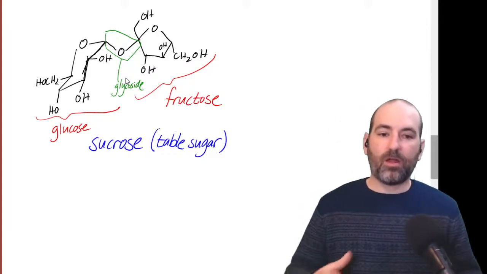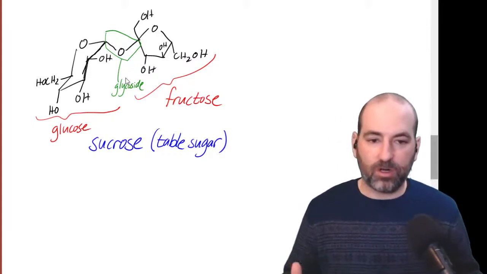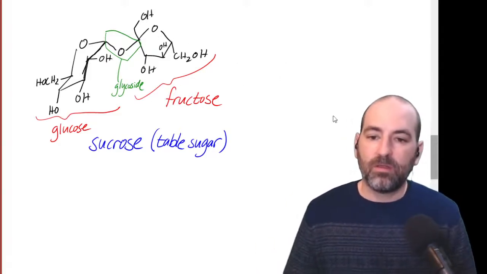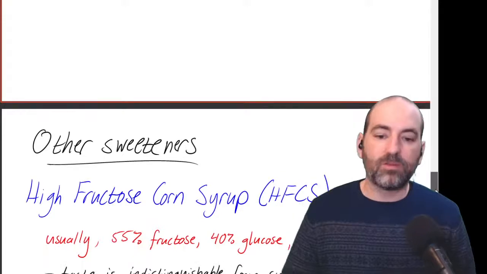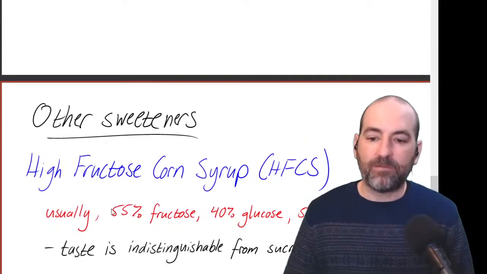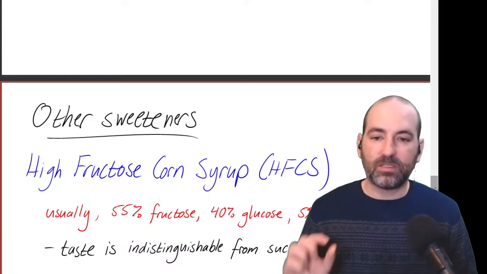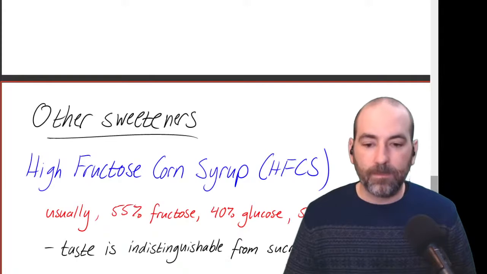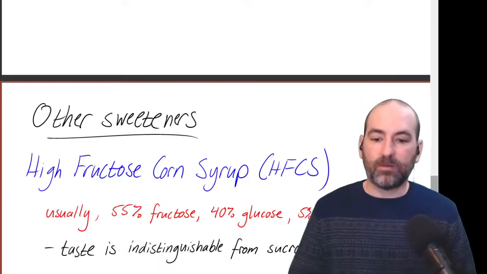Different sugars have different sweetness levels, and so when you liberate that fructose, it makes it taste sweeter. Most high fructose corn syrup is about 55% fructose, so just a tiny bit more than regular sucrose, but it's free, liberated fructose, which means it's going to be a little bit sweeter.